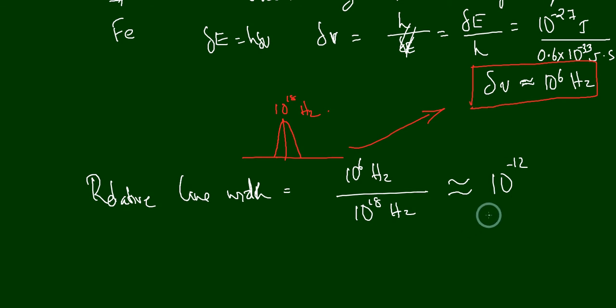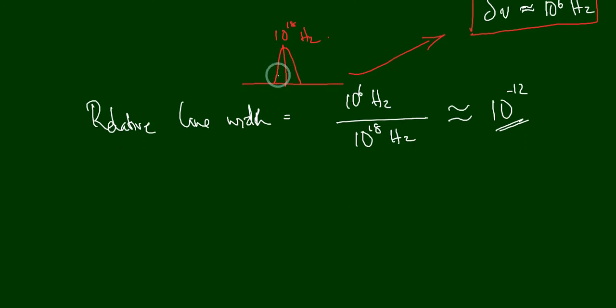I just calculated this to show that this is a very small number. In almost all spectroscopic techniques, the relative line width here is very small. So, as I said, the frequency uncertainty is almost negligible compared to the frequency of the gamma ray. Still, it has some value. There is a frequency uncertainty, and therefore you will see a broadening of the line because of the frequency uncertainty.